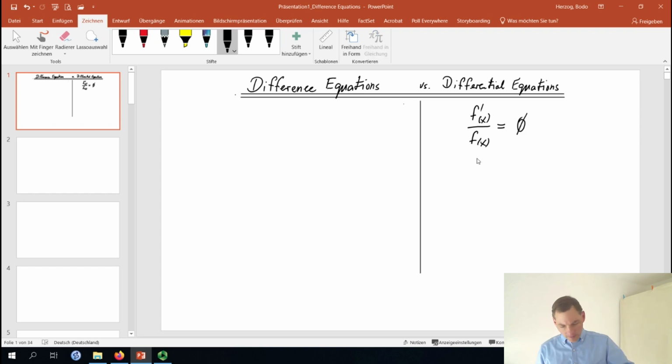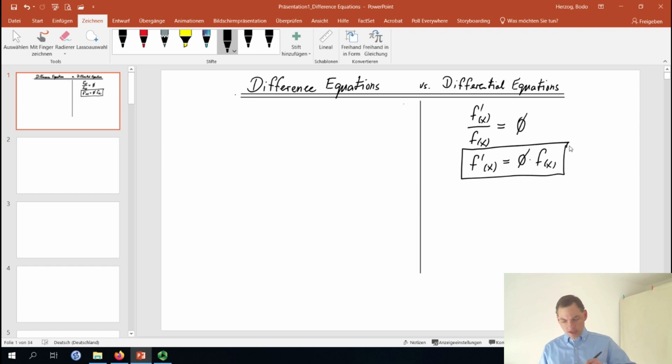We can rewrite this as f prime of x equals phi times f of x. That is what we labeled a first order differential equation, because we have the first derivative and on the right hand side we have the function dependent on x. Or in the population model, a population function dependent on time.